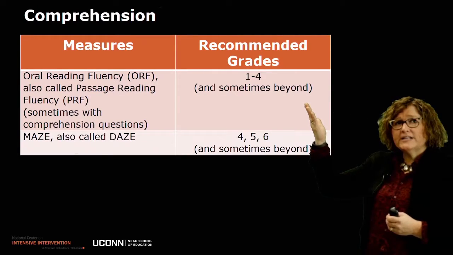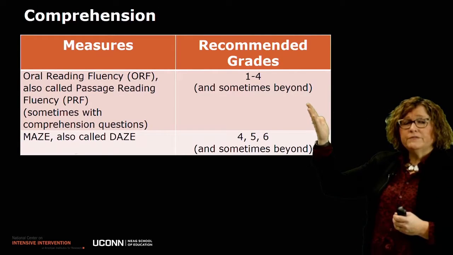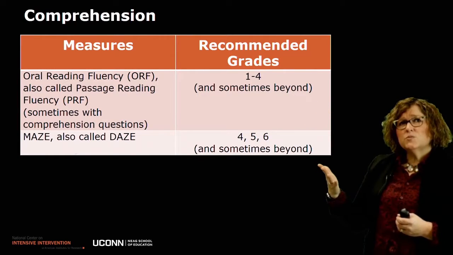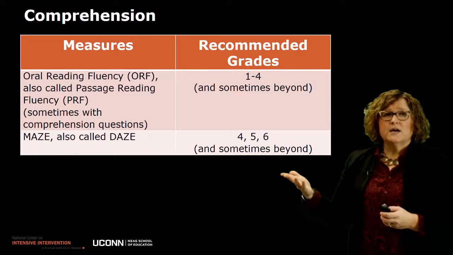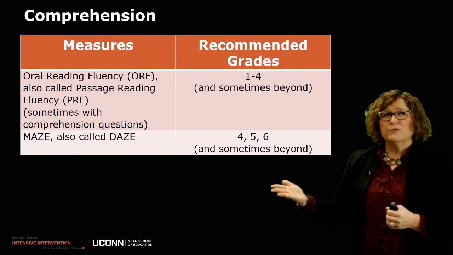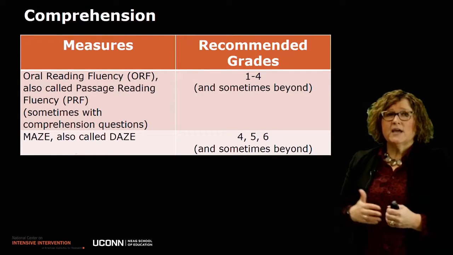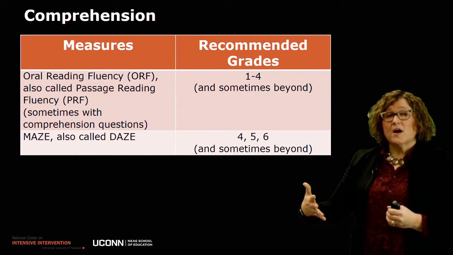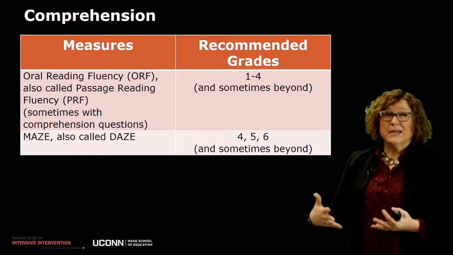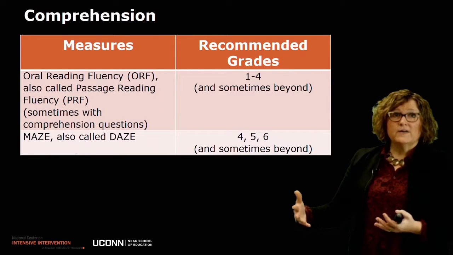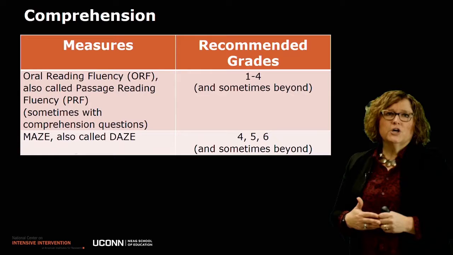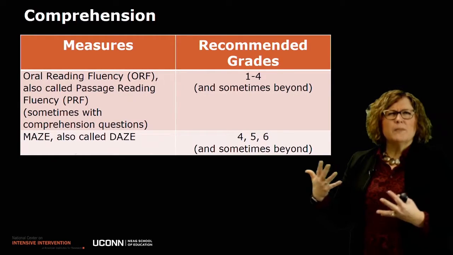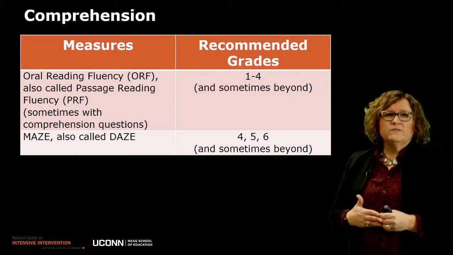The recommended grades for oral reading fluency, as we mentioned before, are grades 1 through 4. Sometimes we suggest that even students up through middle school can work on oral reading fluency at the grade level that they are instructionally. So we might have an 8th grader reading at a 3rd grade level. They'd use the 3rd grade level measure. But we want to be careful that students aren't sort of topping out on those oral reading fluency measures.